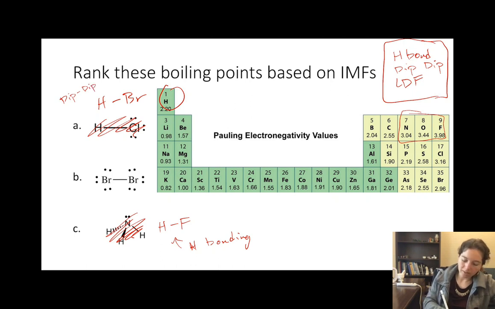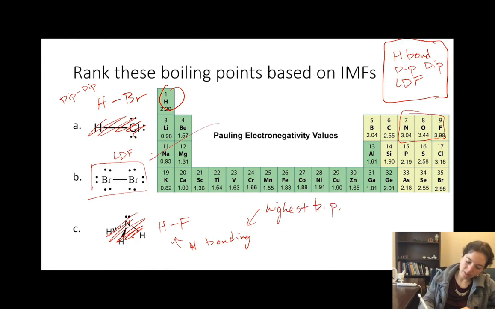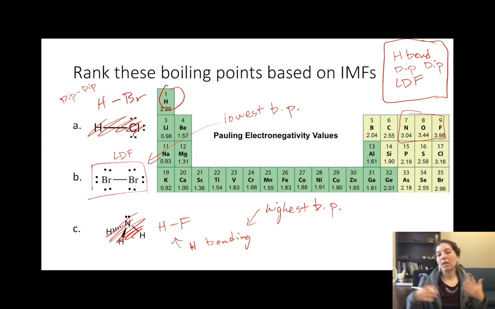In this one here, there's a difference of 0 between them, so this is London dispersion forces. So what this means is this will have the highest boiling point, and this will have the lowest boiling point, and the other HBr will be in between. So if you look at what temperature these phase changes happen, that's the order they're going to be in.